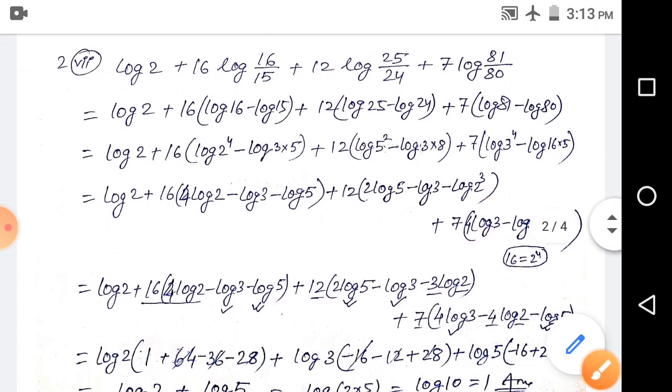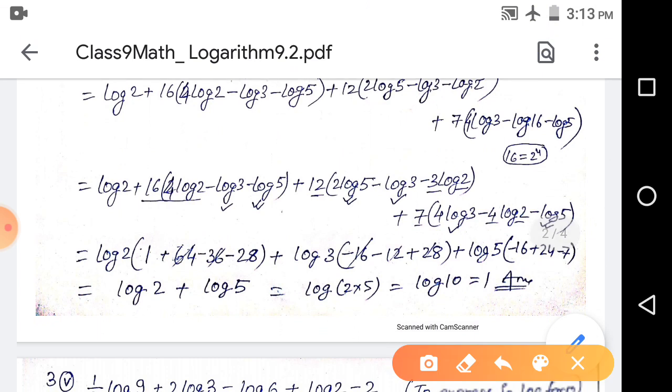Now see, in the next line what we have: log 2 as it is. Okay, 16 into whole 4 log 2, log 3 and log 5. We have taken all the things as it is. Here we have 12. Okay, so 12 is taken as it is outside the bracket, it is 2 log 5.